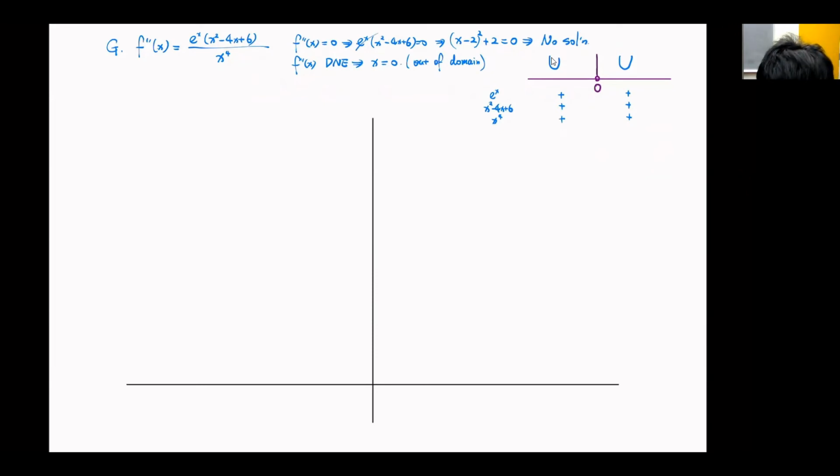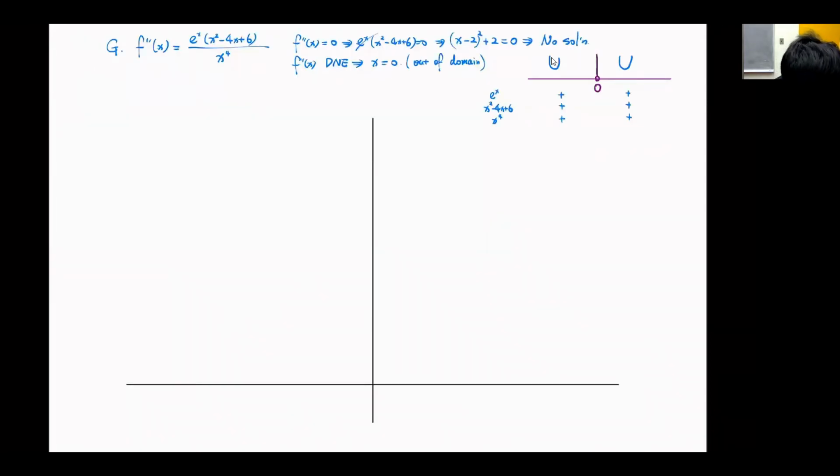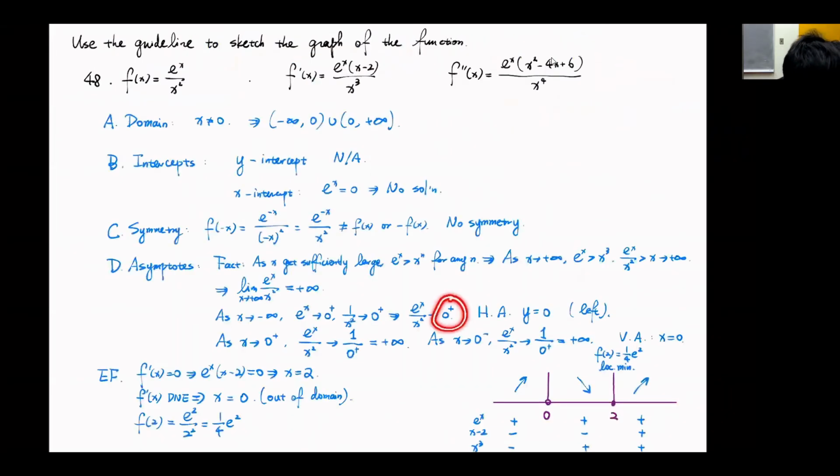Okay, so now we are ready to draw the graph. Let's see what we have. No intercepts, no symmetry, and then we have a bunch of limits. To the right, the function gets large, and to the left, the function gets close to 0. Moreover, to the left, the function is going to be 0 from above.